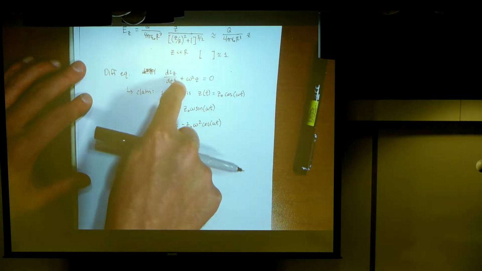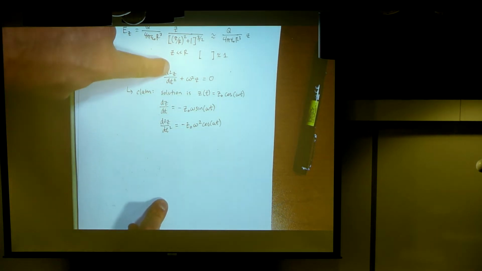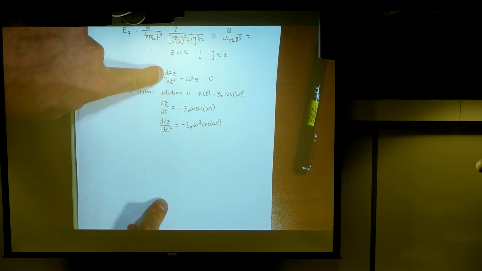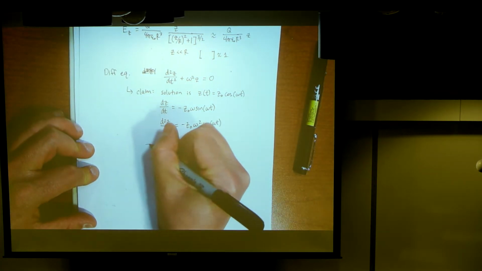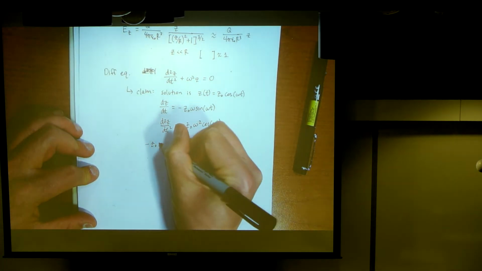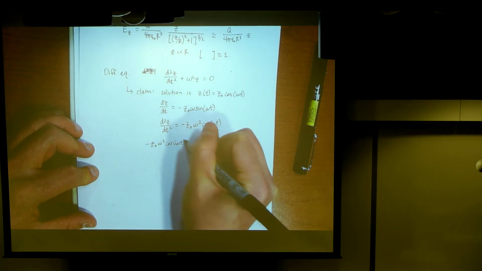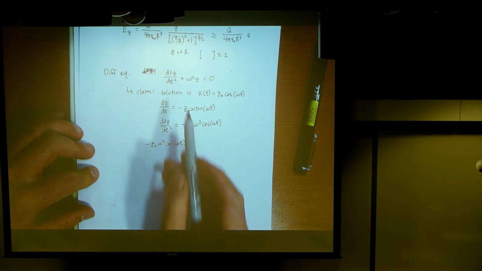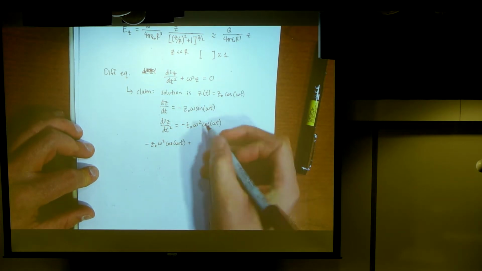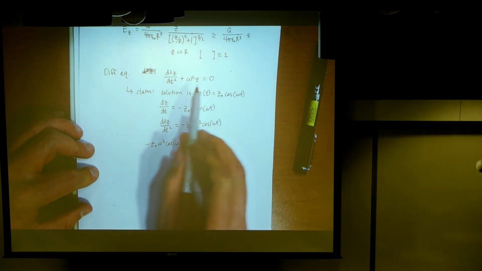Okay, let's try it in the differential equation. The differential equation says the first term is the second derivative. So I'm plugging in minus z naught omega squared cosine omega t. That's just the second derivative we just worked out. The second term is plus omega squared times just z.